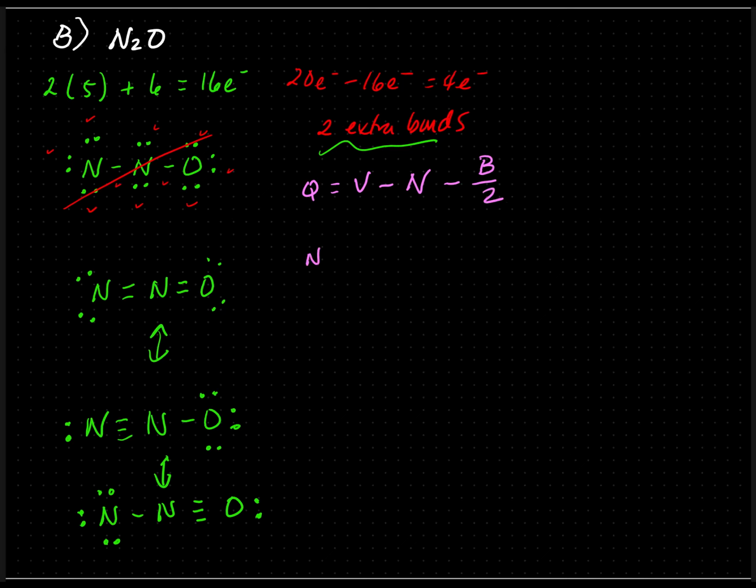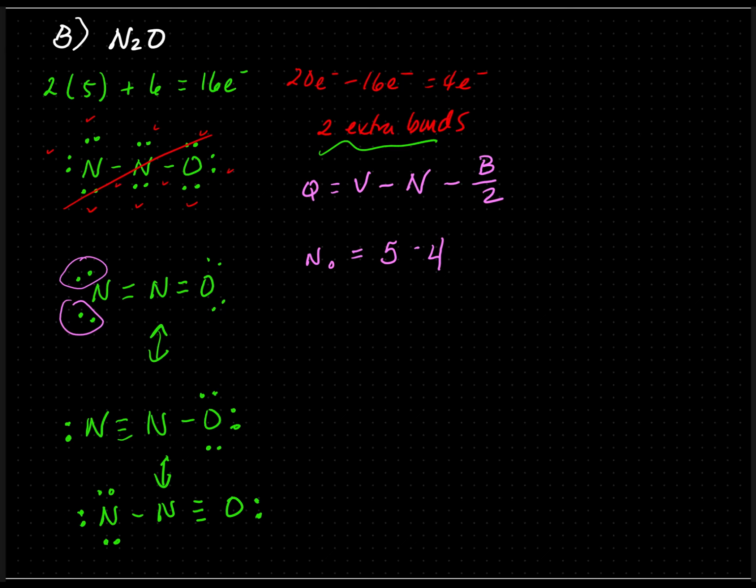The outside nitrogen has 5 valence electrons, minus 4 lone electrons on the Lewis dot structure, so the non-bonding are the lone electrons on that structure.